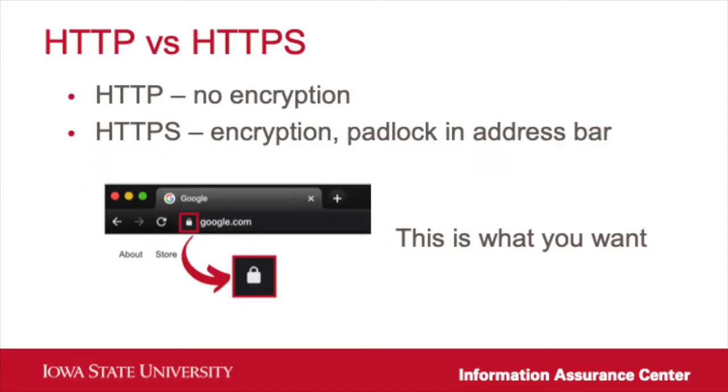Now, as I said, we've mentioned HTTP and HTTPS a couple of times. The key difference is that HTTP has no encryption. HTTPS encrypts the traffic, and we've talked about how that's important during authentication. We'll talk in a few minutes about how that's important during things like online shopping.